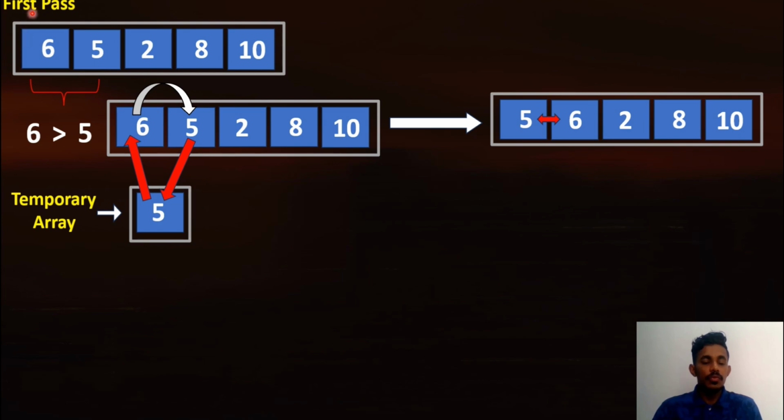Here we take the first and second elements of this array, 6 and 5. After that we check which is the greater value, whether they need to swap or not. So we check 6 is greater than 5, which means we need to swap; 5 needs to come to the left-hand side.